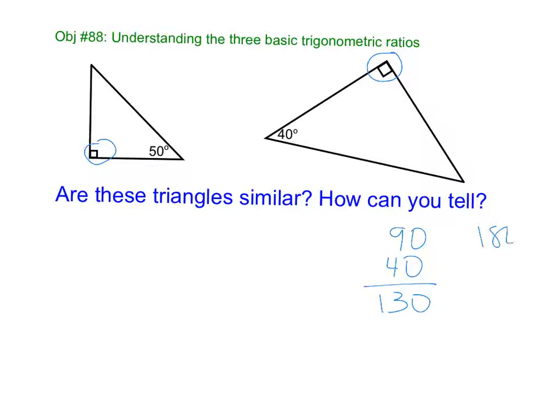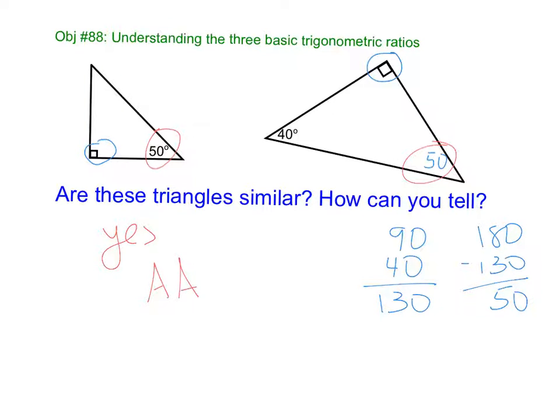Subtract that from 180. And we get 50. So that means this missing angle here is 50. So are these similar? They are, because we have the 90-degree angle and then 50 and 50. So this is a yes. AA.